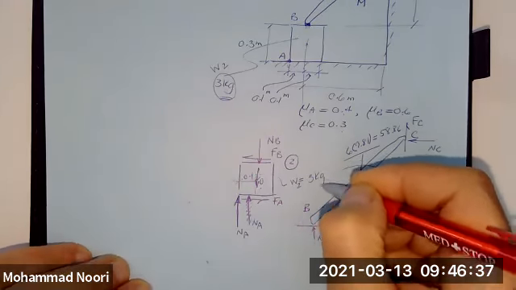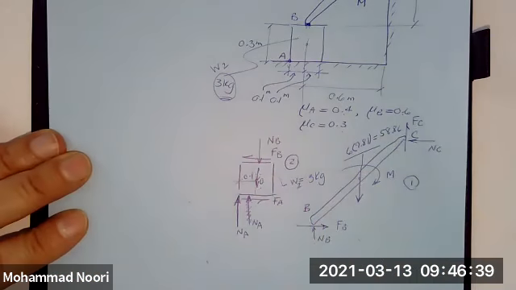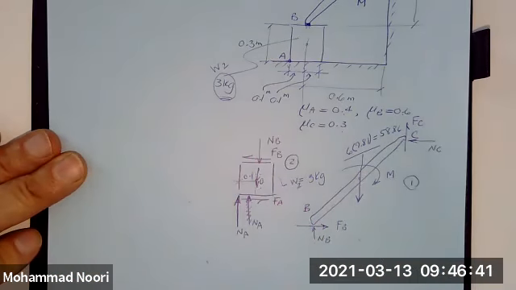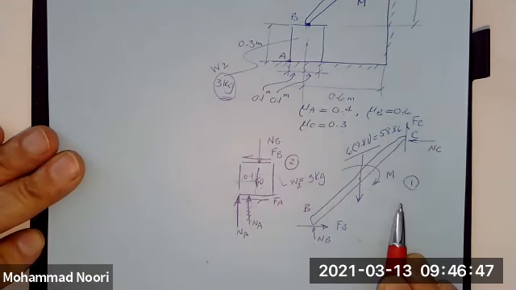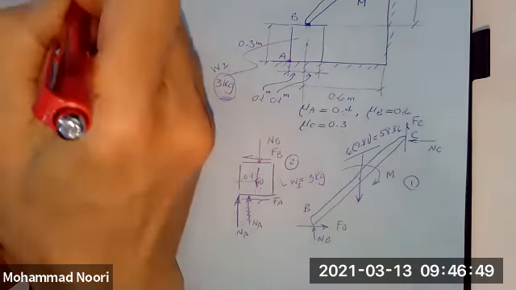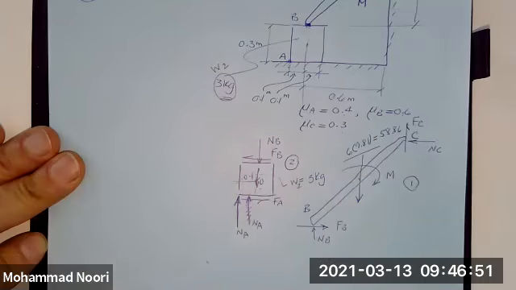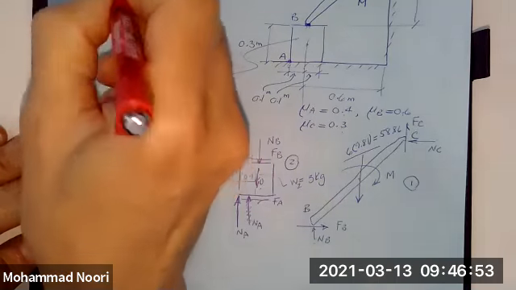I mean, the mass is 3 kilogram, okay? So again, treat this like a frame problem. So we will start with this free body diagram and write all the equations of equilibrium. So free body diagram number one, all the equations of equilibrium.